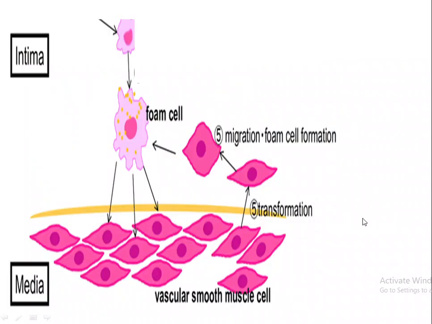Growth factors released by T lymphocytes, mast cells, neutrophils, leukocytes and foam cells, along with the reactive oxygen species, cause the differentiation and migration of smooth muscle cells from tunica media to tunica intima.